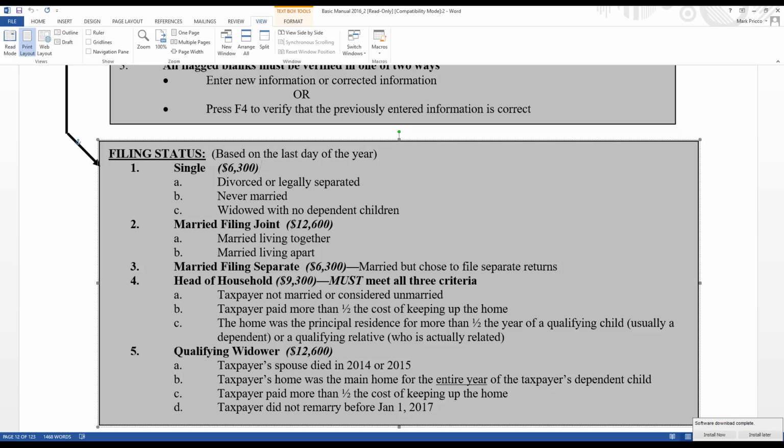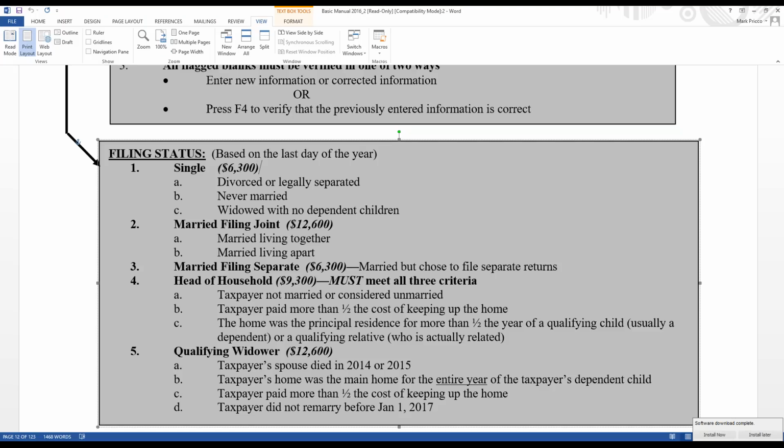Second reason might be that they're not getting along, and they could be living together, or one spouse might be doing something, maybe illegally, and the other spouse doesn't want to sign that tax return, thinking that it may come back on them years down the road, so they don't want any part of that if someone's doing something suspicious. So that would be a reason they do a married filing separate return.